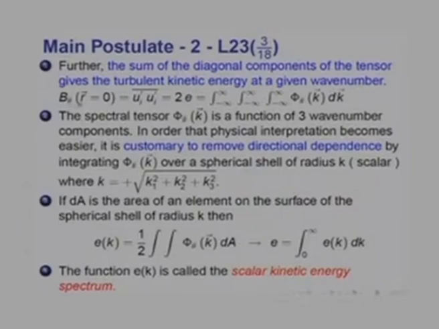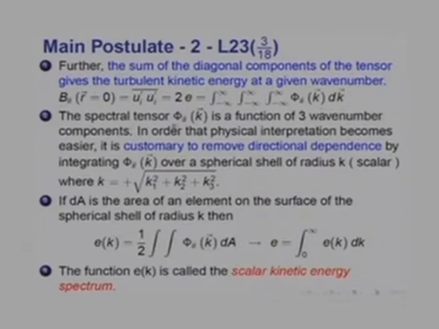So, B_ii at r equal to 0, u_i' u_i', will of course be 2 times the kinetic energy E, equal to the integral from minus infinity to plus infinity, three times over, of phi_ii(k) dk. E here is the turbulent kinetic energy.